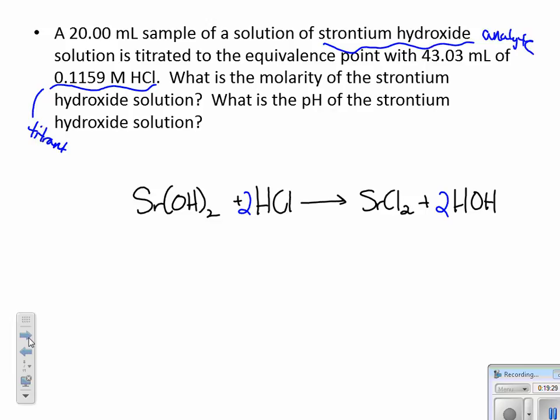We're going to get moles. I'm going to get millimoles. They make me happy. So we've got milliliters of hydrochloric acid. We know that it's 0.1159, don't change the number, millimoles per milliliter. And this is how we will get millimoles.